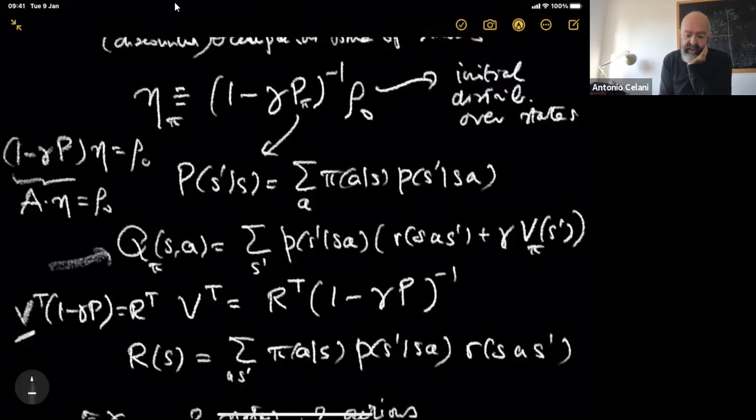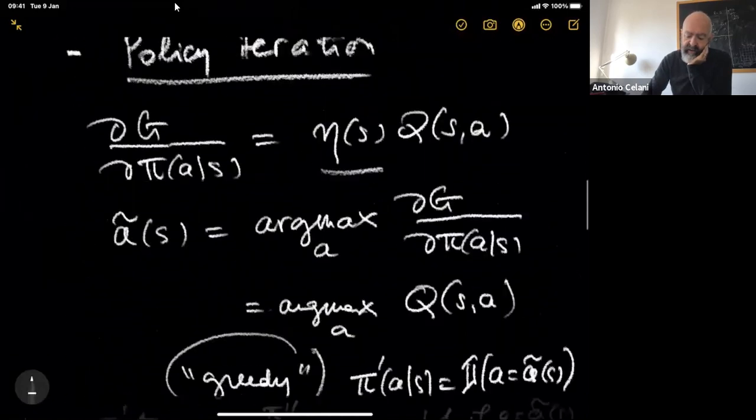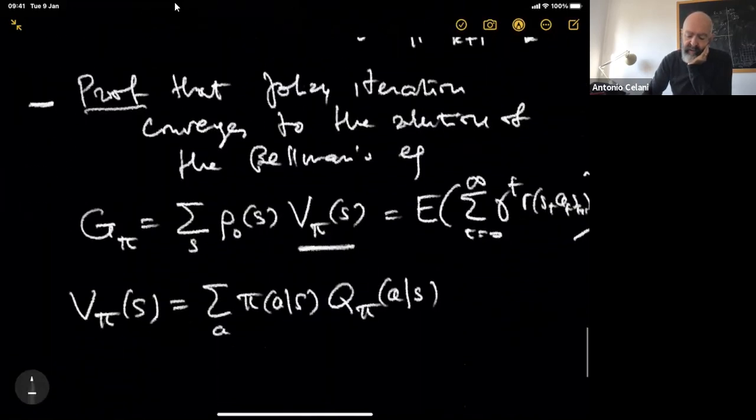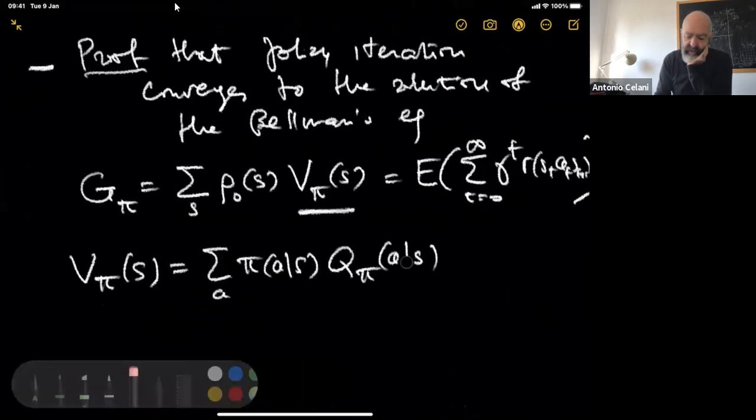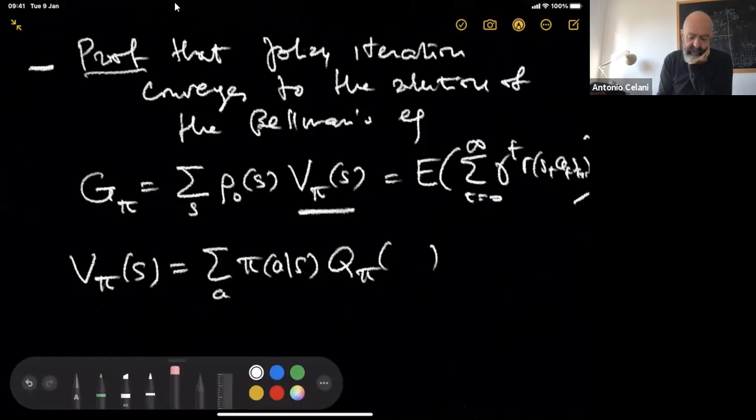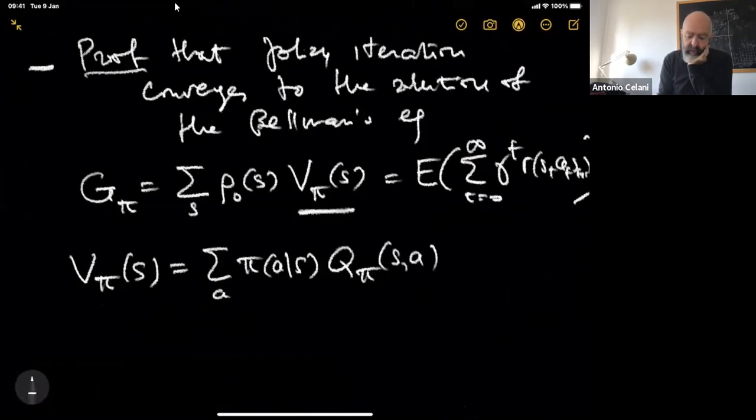Okay, so this is the connection between the value and the Q function. So what is the value function from state S? It is what you expect to gain starting from that point, according to the policy pi, which in itself is nothing but: pick action A, and then this will be what you expect starting from that pair state action. Okay, so quite straightforward. All right.